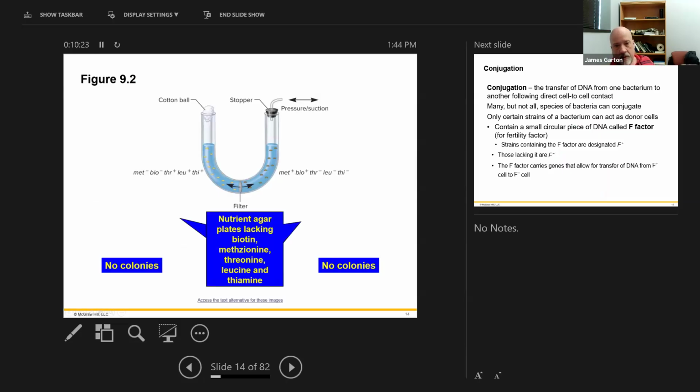And basically, under a variety of pressure changes, this liquid was sloshed back and forth. And when all of these things after a while were plated, nothing grew on minimal media. And the conclusion was that since they did not come into physical contact, there could be no exchange of DNA.